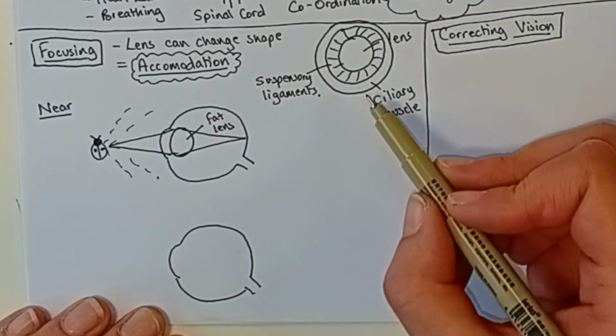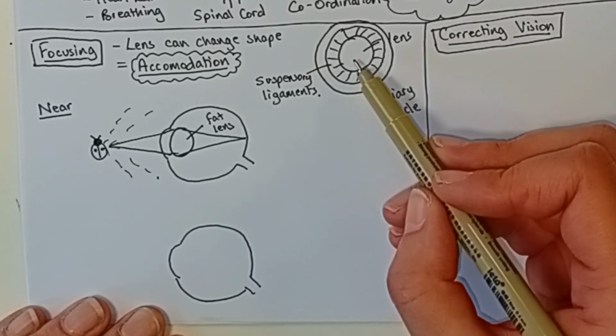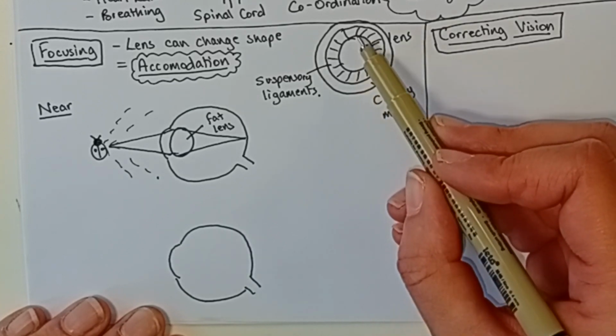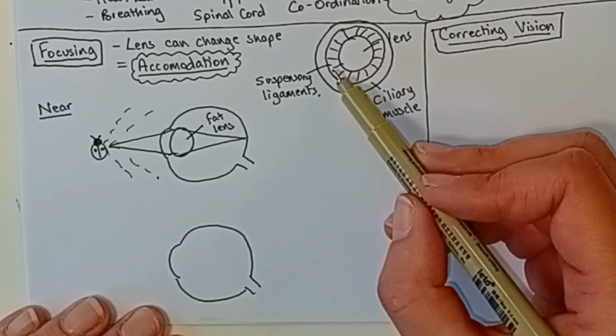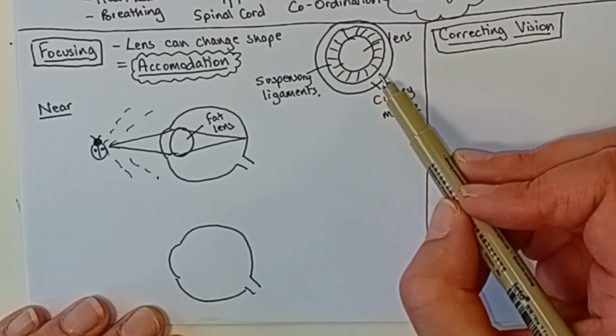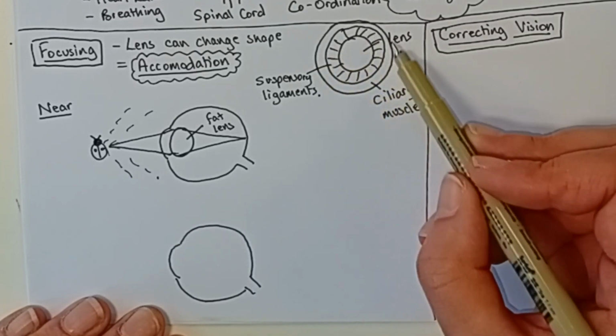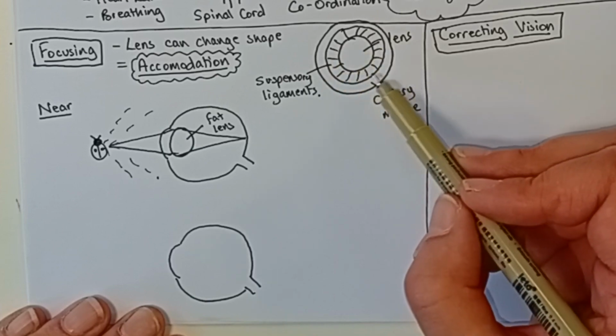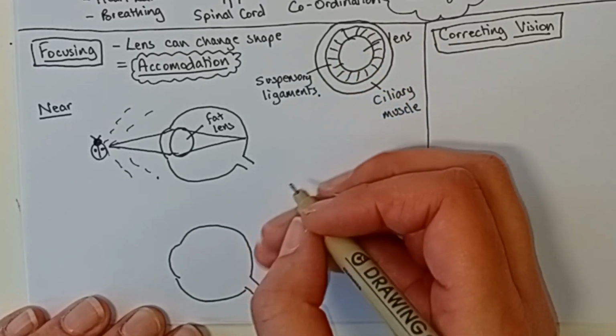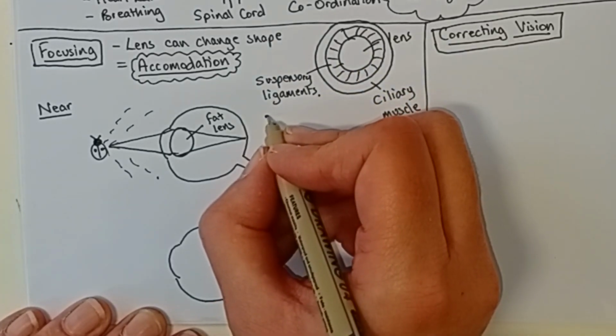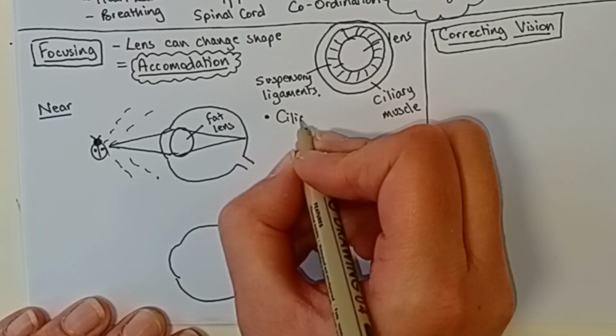And remember what I said about the ciliary muscles. If the lens is fat, then it doesn't want to be pulled thin. The suspensory ligaments need to be slack, which means the circle, the ciliary muscle, needs to be smaller, so it needs to be contracted. So when we're looking at near things, the ciliary muscle is contracted.